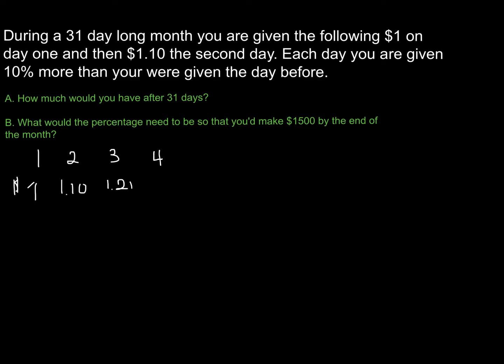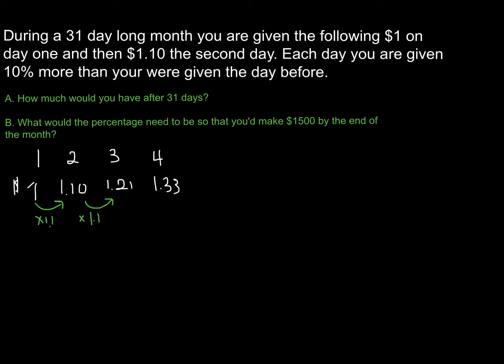Day 4, you're just multiplying by another 1.1, and that's going to give you $1.33. And so you can see, how do you get from one to the other? You multiply by 1.1 each time, and remember that 1.1 allows you to keep the original amount that you have and add the 10% to that, so that you get $1.21. So how much will you have after 31 days?